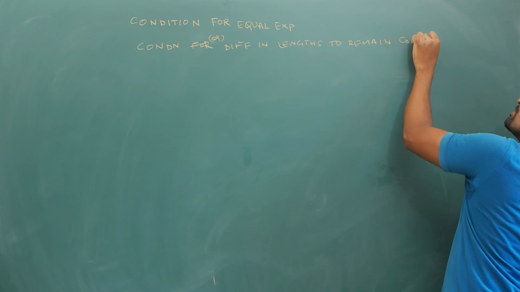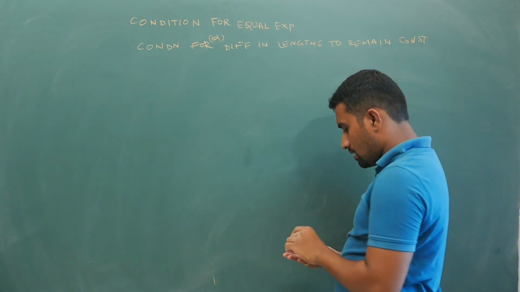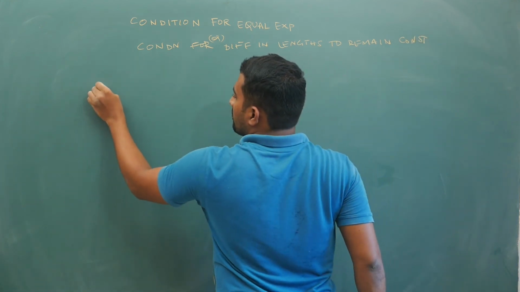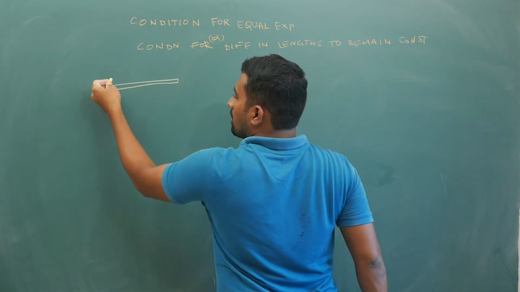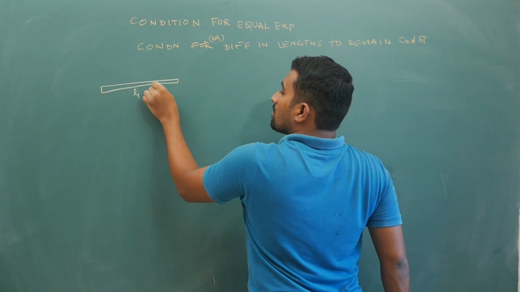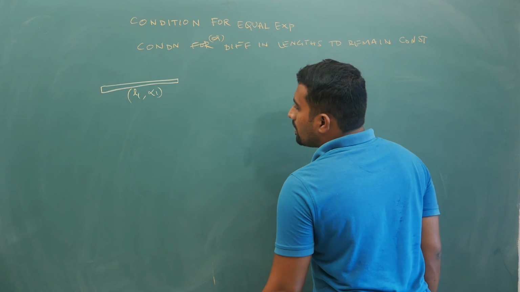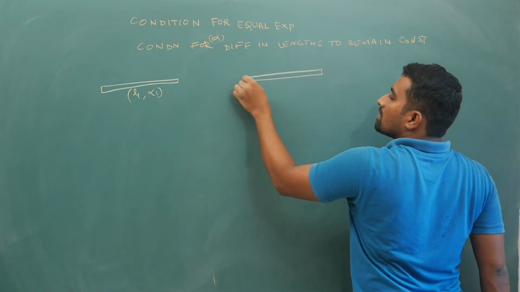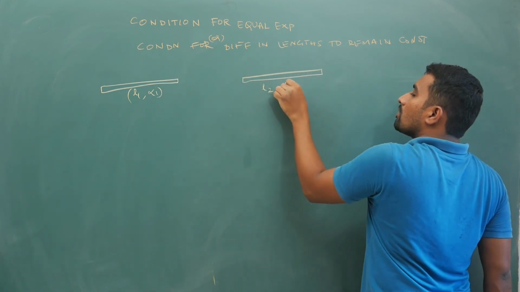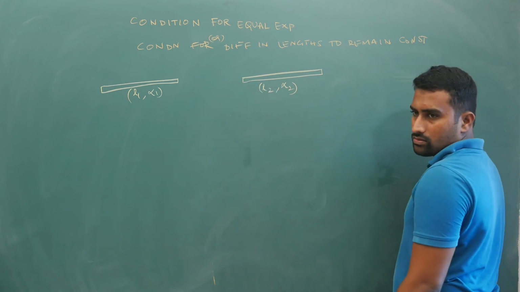Both will be the same; I will tell you why. For example, first let me take a rod of length L1. Its coefficient of linear expansion is alpha 1. One more rod is there. Its length is L2, and its coefficient of linear expansion is alpha 2.